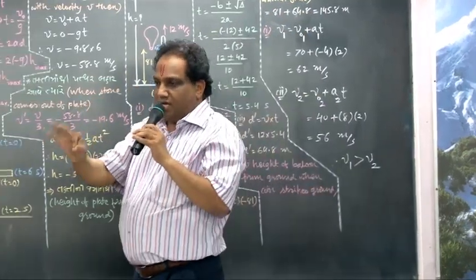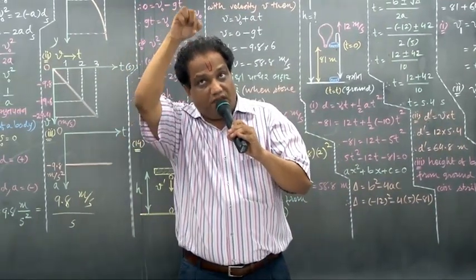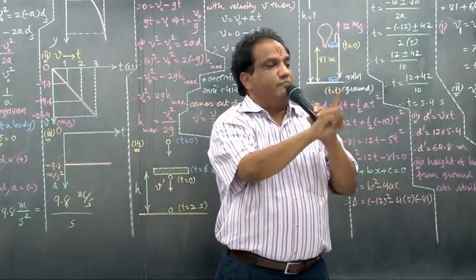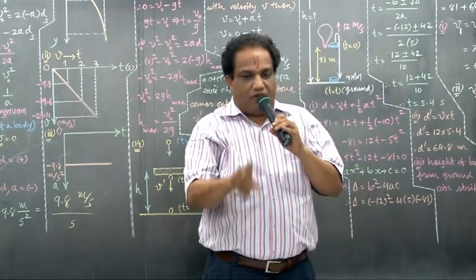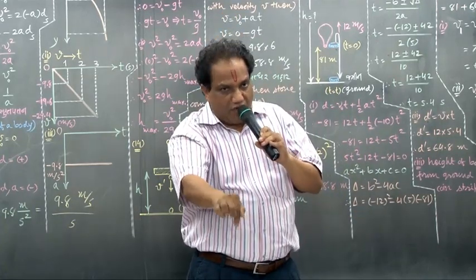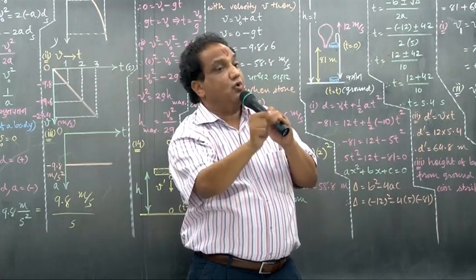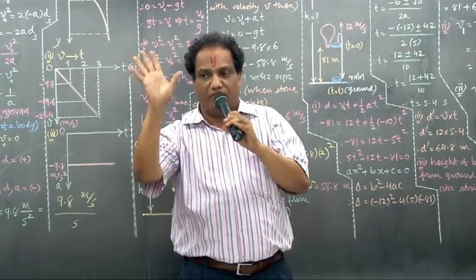Motion of a body under the influence of only gravitational force is called free fall of a body. Vertically downward motion of a body taking place in the presence of only gravitational force, no other force, is called free fall of a body.